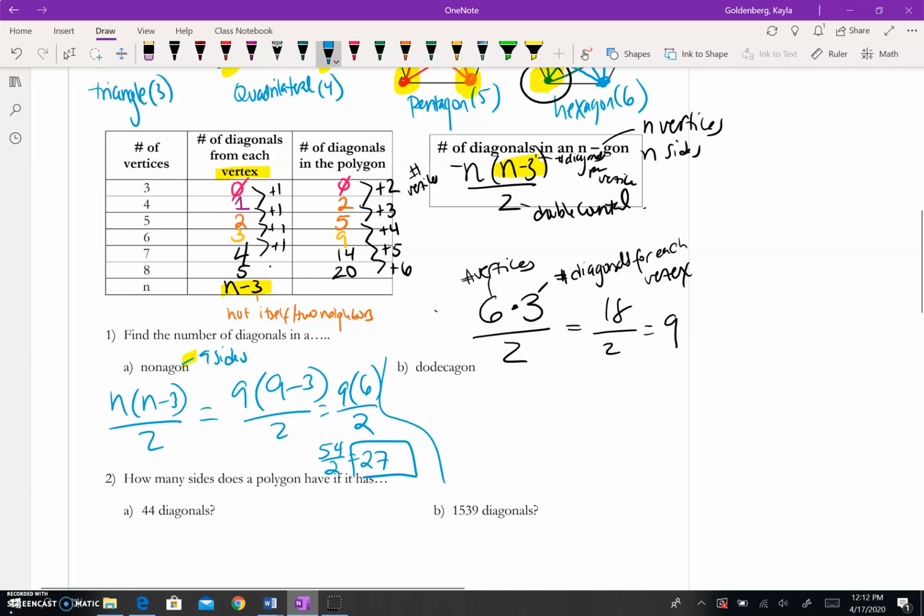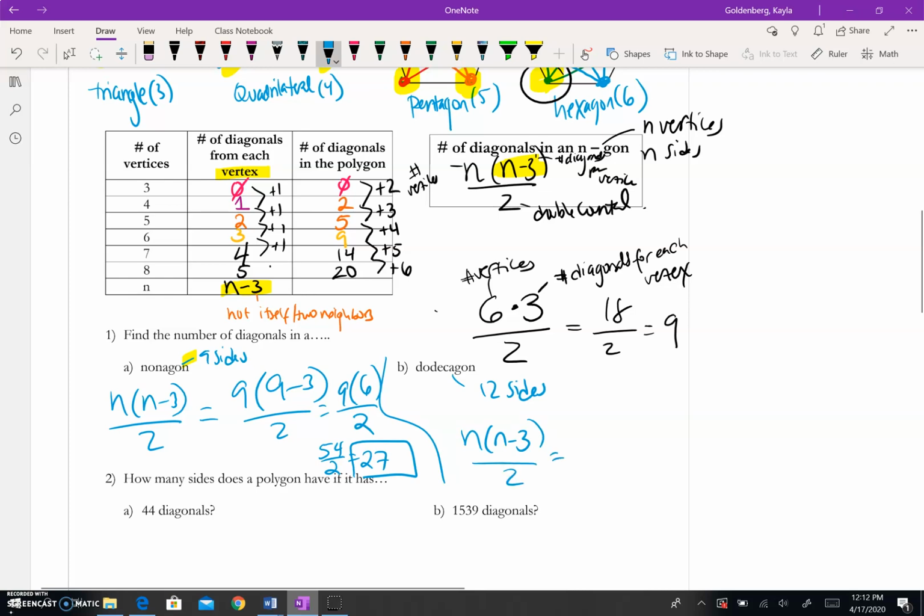Okay, and then we want a dodecagon. And I'm just doing a quick Google search. And a dodecagon has 12 sides. You would never be responsible to know these by heart or anything like that. I will always tell you how many sides if it's an unfamiliar word.